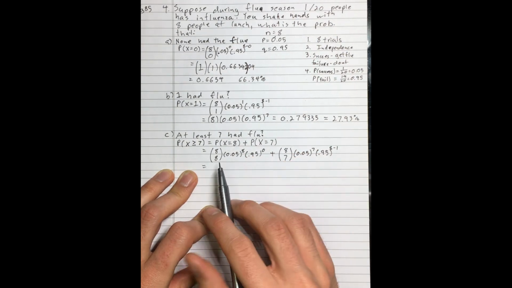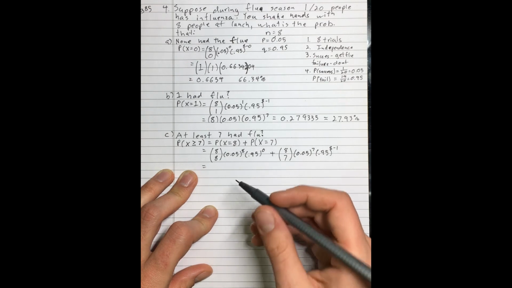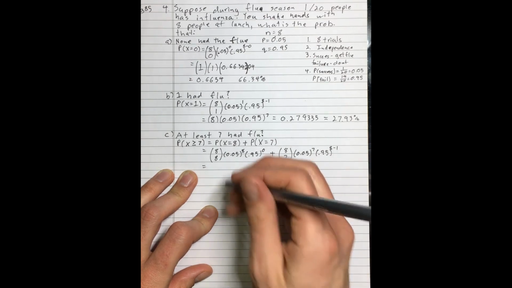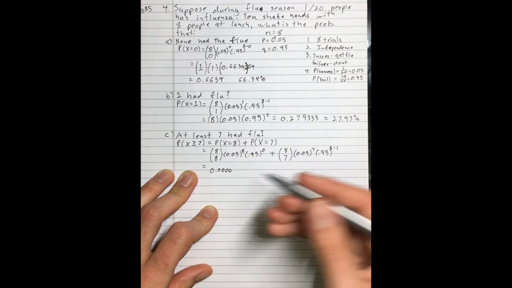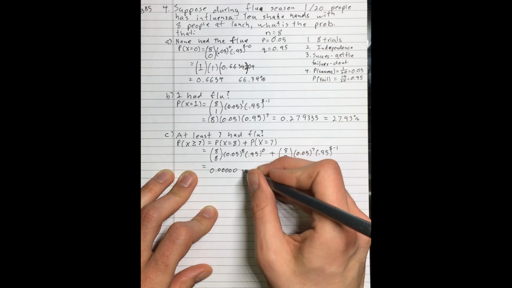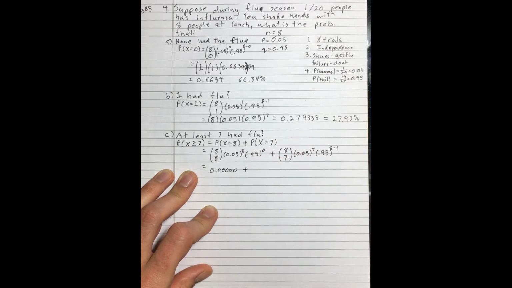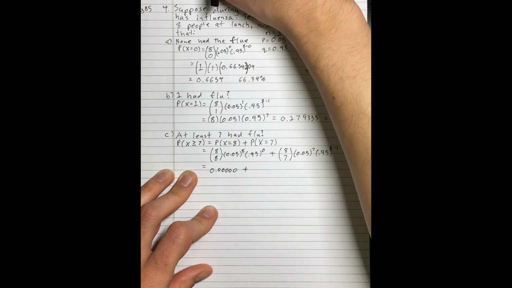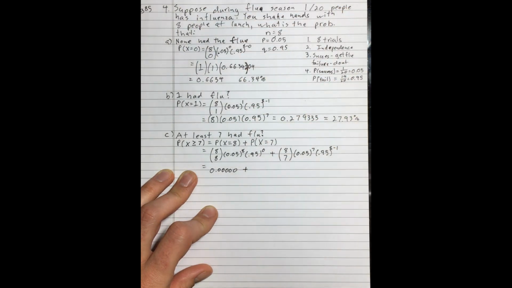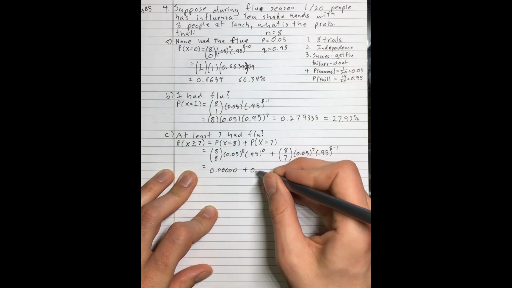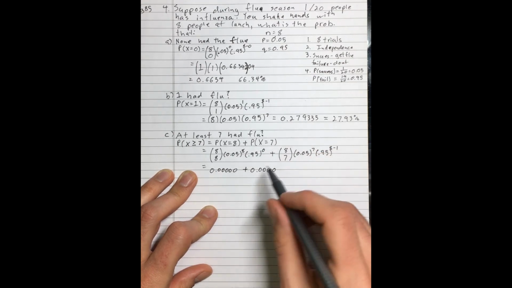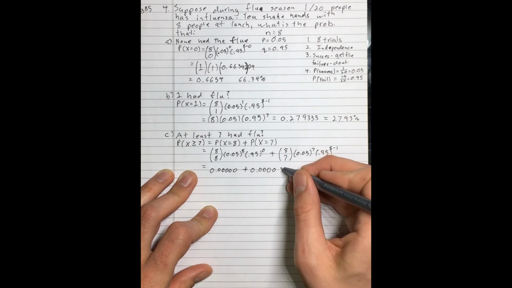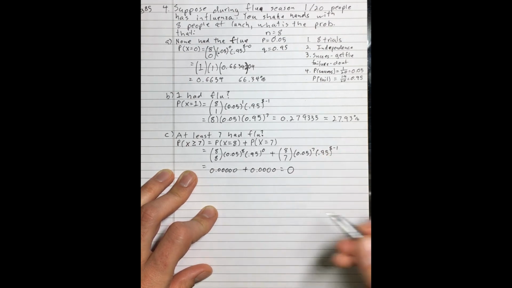The probability of getting 8 successes is incredibly tiny, so it's basically 0. When I rounded it, it equaled 0. Plus the probability of getting 7 successes, same thing. It's unexciting when you get a 0, but that's okay. When I round these off, I get 0. So in the end, I get a big fat 0, because 0 plus 0 is equal to 0.